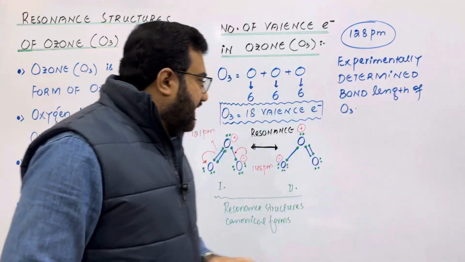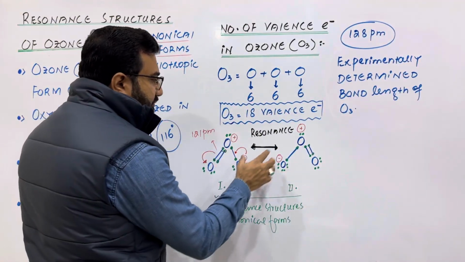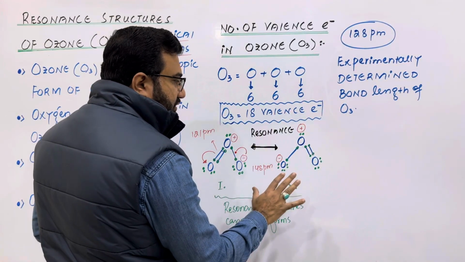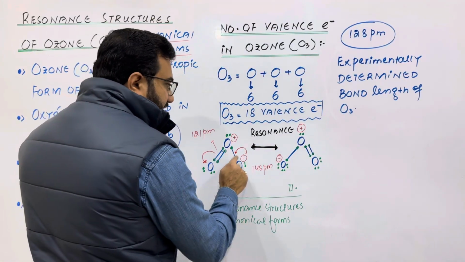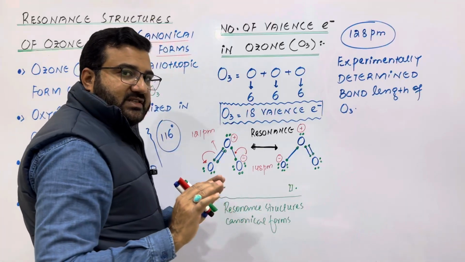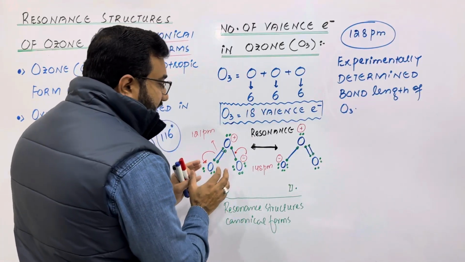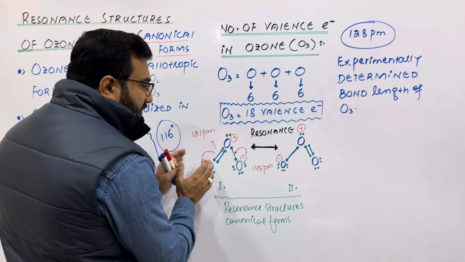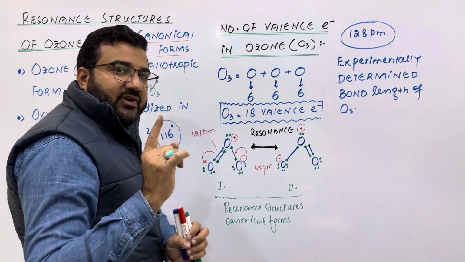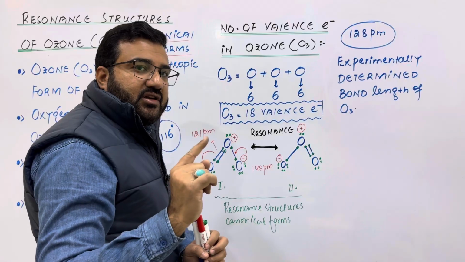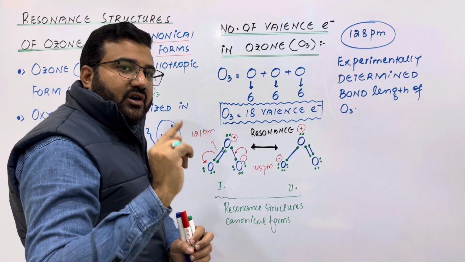It means that these structures provide the exact geometry of ozone, that is bent or V shape. They also provide the bond angle of ozone, that is 116 degrees. They also provide the correct information about the number of bonding and lone pairs of electrons, but they are not providing the exact information about the oxygen-oxygen bond length.